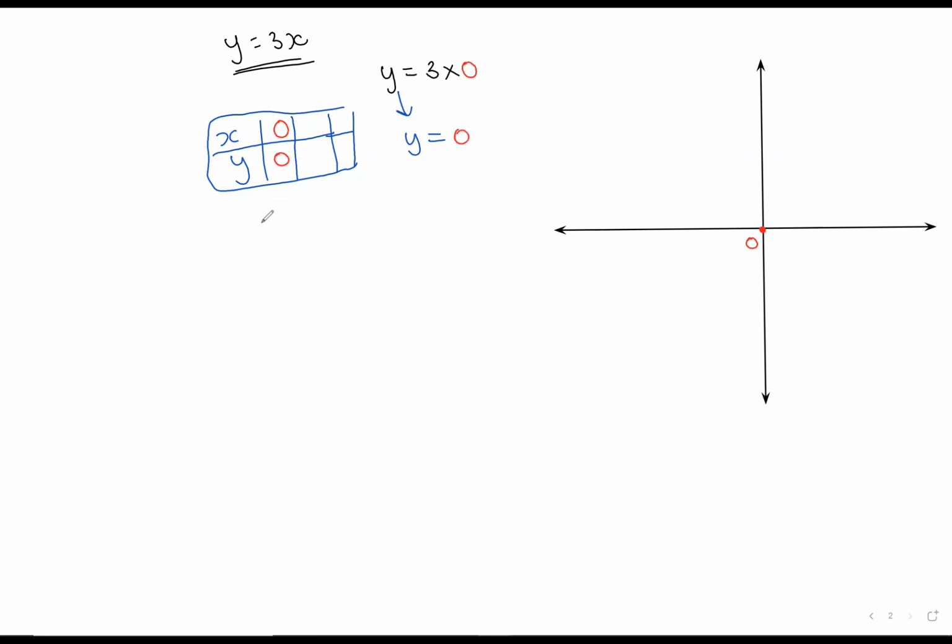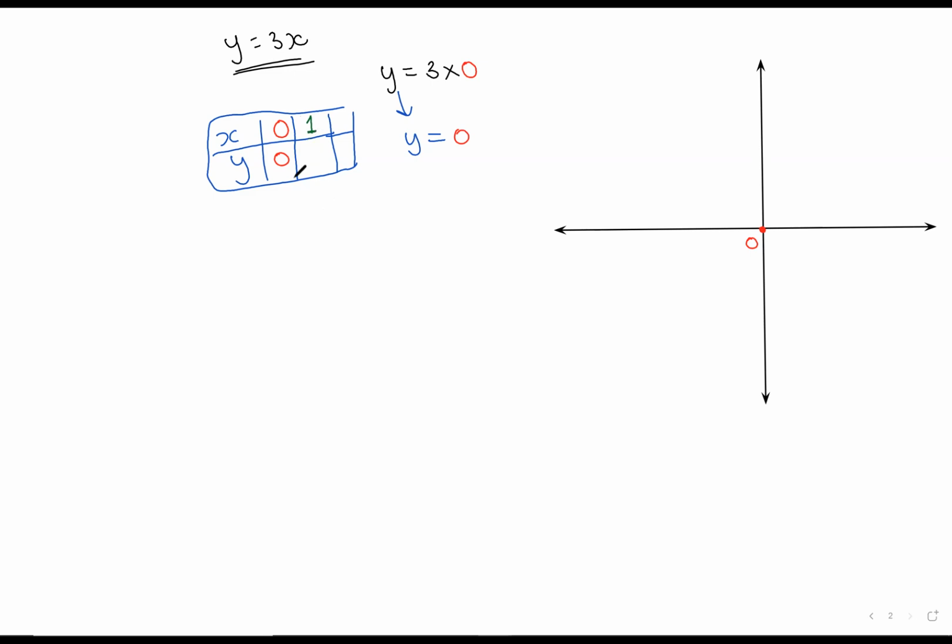So this is one set of values. Now we need to take at least one more set of values. So now take x as something else. Can we take 1? Okay, let's put x is equal to 1.